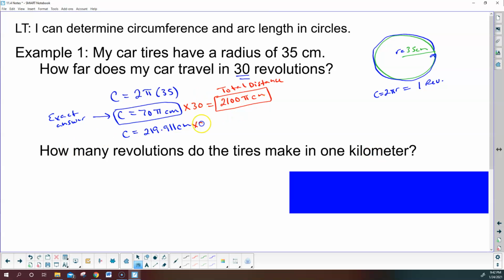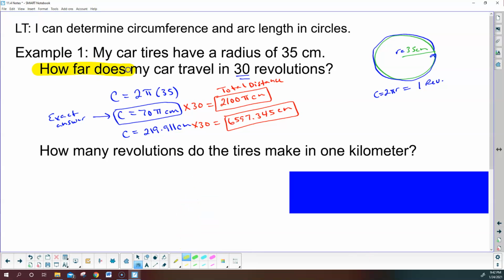So when we have real life problems, it's usually better to take the non-exact or the rounded answer, because that makes a little more sense to people. And again, round to the nearest third decimal. But here's the exact answer for total distance.